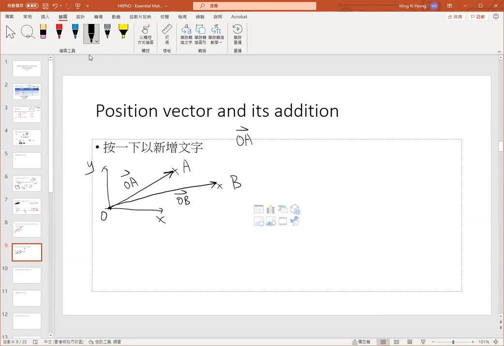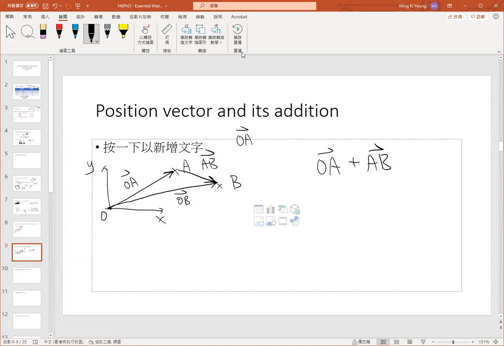Let's say I want to add the vector OA to the vector AB, where AB is a vector pointing from A to B. If you draw the diagram, I hope it's quite easy to understand.